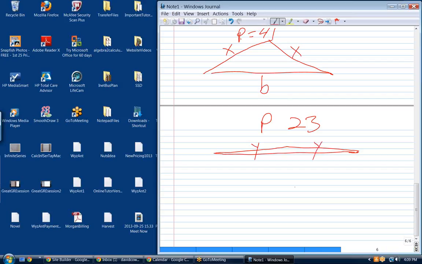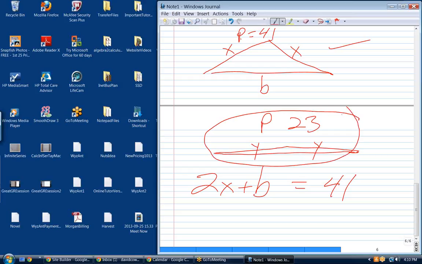And this side is Y. So 41 is equal to what? 41 is equal to 2x plus b.